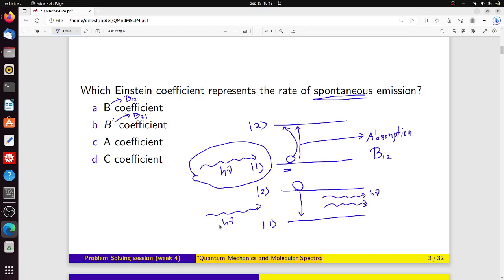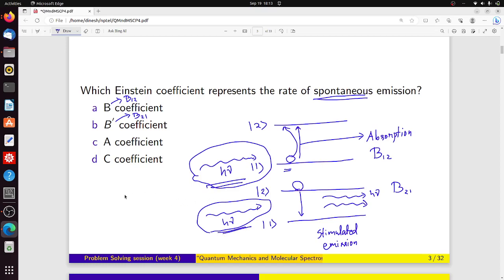This is stimulated by external radiation, so this is called stimulated emission. This is described by Einstein coefficient B21 because it's going from 2 to 1. These two are in the presence of external radiation.